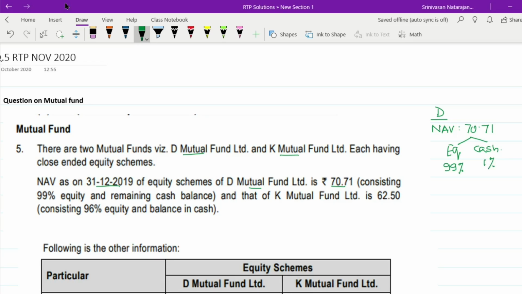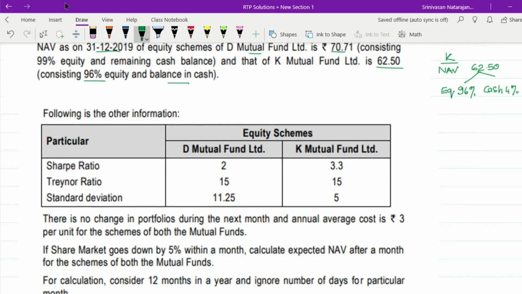Okay, and that of K mutual fund is 62.5, consisting 96% equity and the balance in cash. So K mutual fund has got an NAV of 62.5, which is split into equity 96% and cash 4%.